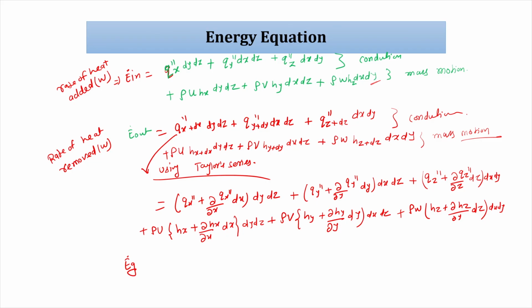Otherwise you can ignore it, like in resistance welding. The rate of heat generated is equal to q triple dash dx dy dz, isn't it? That is watt per meter cube for q triple dash.